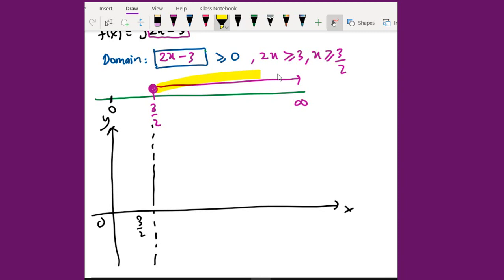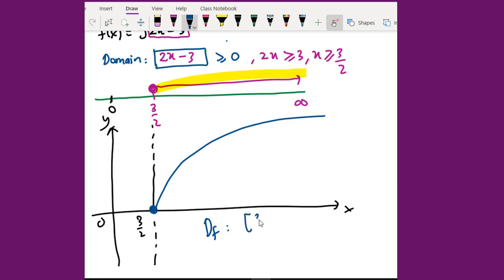There is no graph on the left-hand side. To find the starting point, substitute the value 3 over 2 and get 0. You know the graph for the square root; the pattern is the same. Just sketch the graph. The domain is from 3 over 2 to infinity.